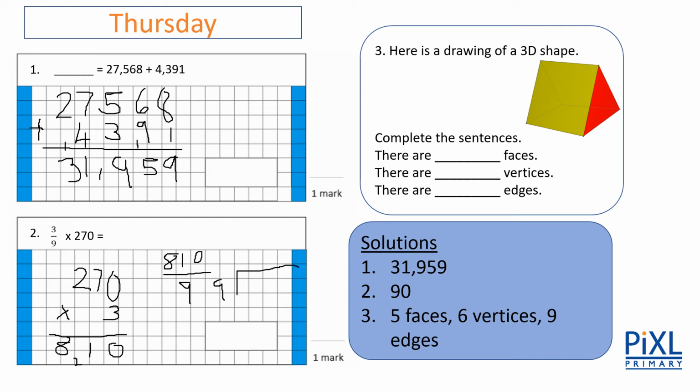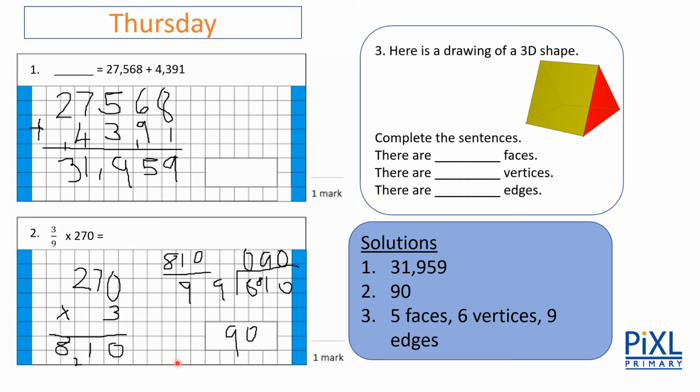So put my 9 down, put my 810 down. 9 into 8 doesn't go, so I carry my 8 over. 9 into 81 goes 9 times. And 9 into 0 goes 0 times. So my answer should be 90. Perfect.